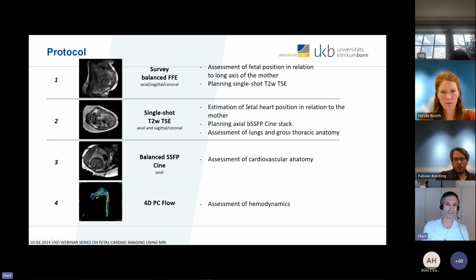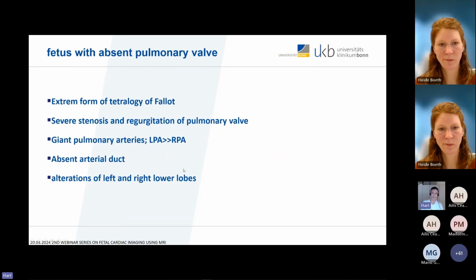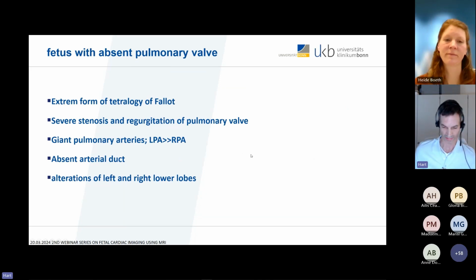Afterwards, we repeat the survey to confirm the correct position. We start out with single shots, balanced SSFP cines, and we try to do some 4D flow. The balanced SSFP cine is our workhorse, and we try to get the best of it in every scan.